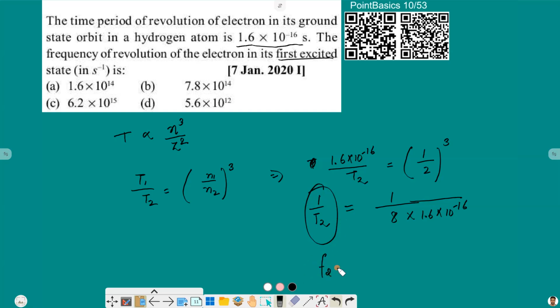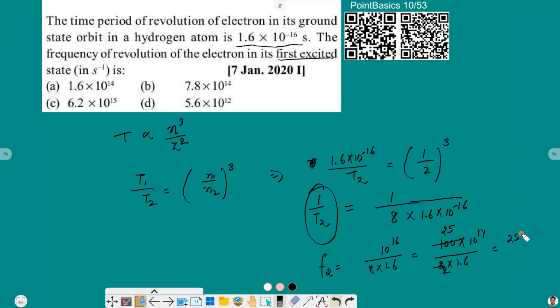So F2 will be equal to 10 to the power 16 divided by 8 into 1.6, and I can write it like 100 into 10 to the power 14 divided by 8 and 1.6. This will cancel on 25, this will go on 2.